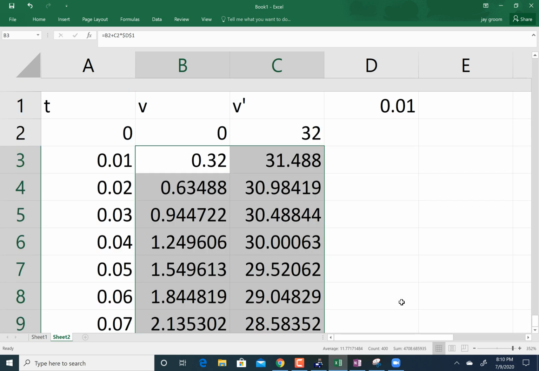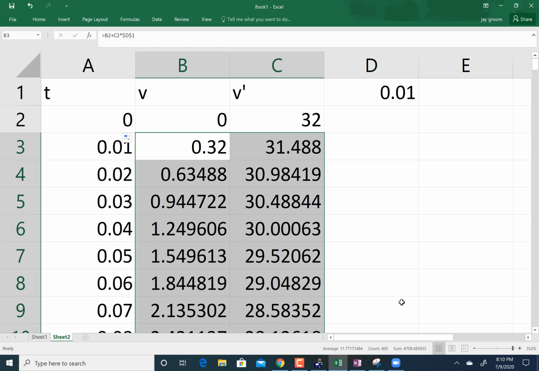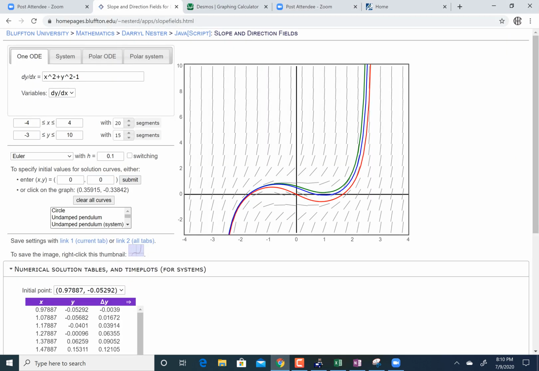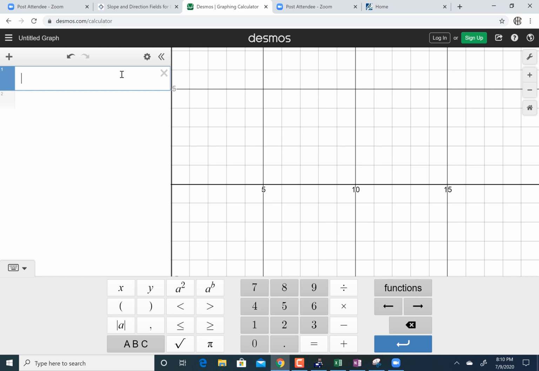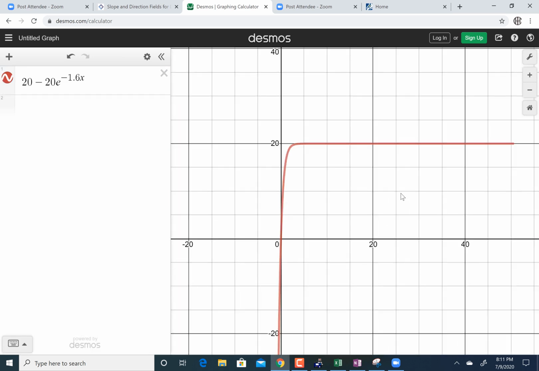Now that makes sense if you think about what's going on here. We know that our actual equation is of the format, we're overestimating. So let me think about what that is. Okay, so what was our equation? We wrote it down over here somewhere. 20 minus 20e to the negative 1.6x, like so.